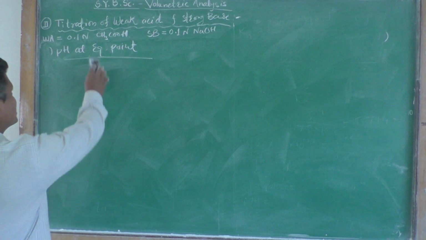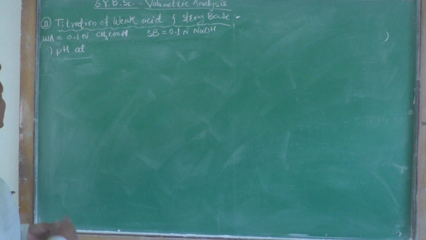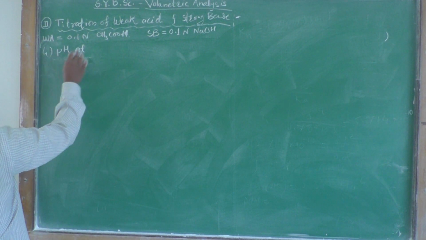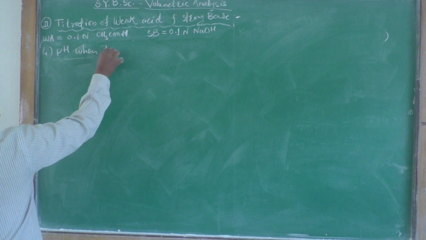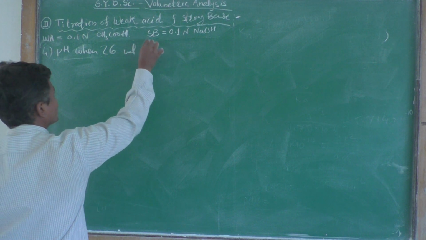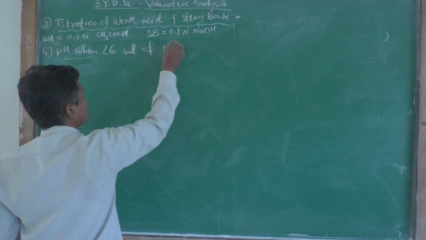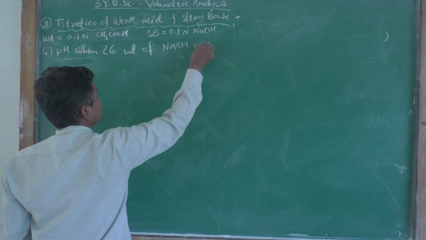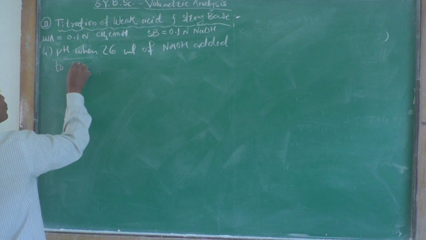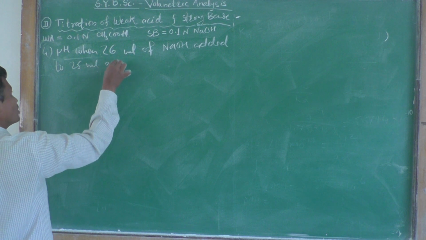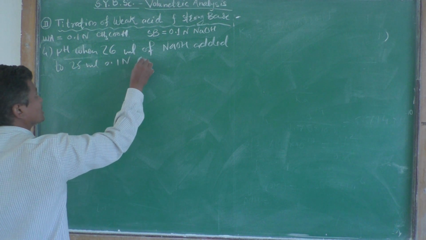So the fourth calculation: pH when 26 ml of NaOH is added to 25 ml of 0.1 normal acetic acid.